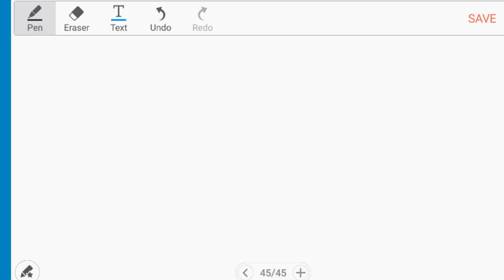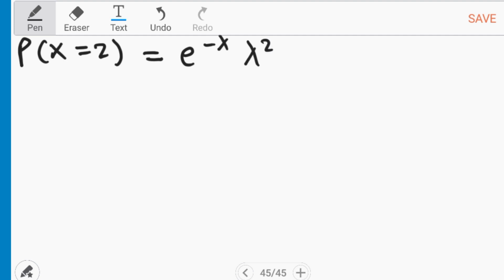Now let's substitute 2. So p of x equal to 2 will be equal to e to the power minus lambda times lambda squared over 2 factorial, which is clearly greater or equal to 0.